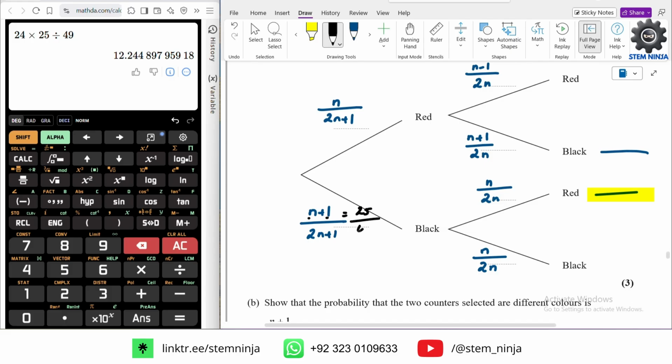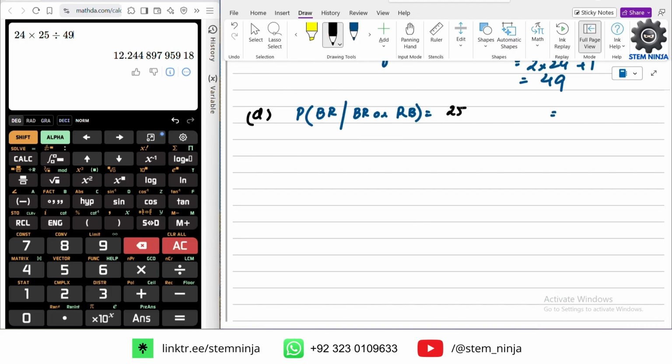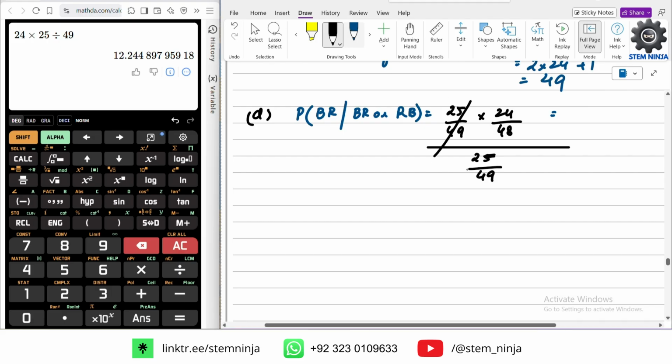This is 25 over 49, and this is 24 over 48. Okay, now it makes sense. So 25 over 49 times 24 over 48 divided by 25 over 49. So as you can see, 25 over 49 gets cancelled, leaving us with 24 over 48, which is basically just 1 over 2.